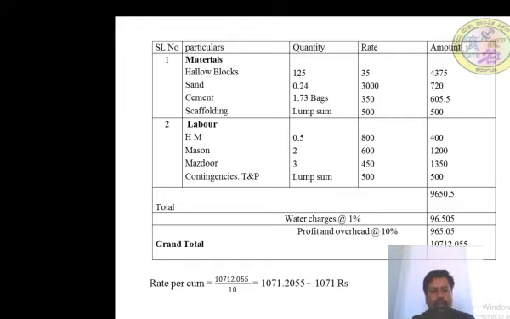Then for the first floor you add 10% of the previous labor cost. So first floor: 0.5 head mason, mason 3 numbers and mazdoor 4 numbers. So 10% is added for the overlift.